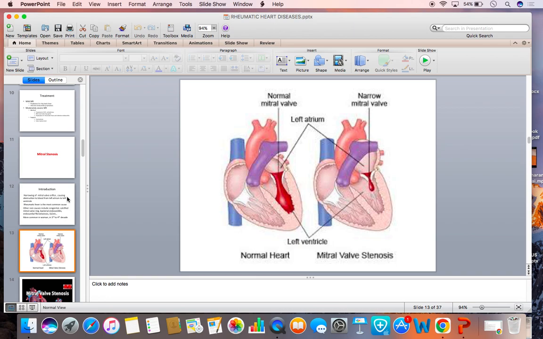Look at this picture. This is the normal heart with the left atrium and the left ventricle. Blood is freely flowing from the left atrium into the left ventricle.